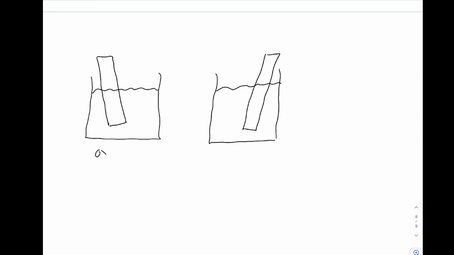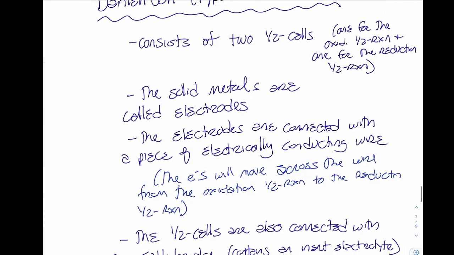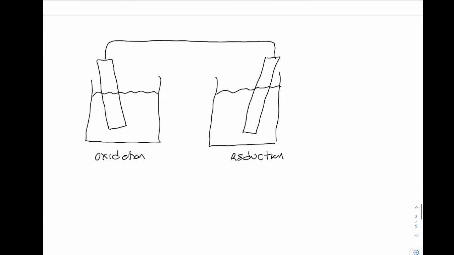I'm going to have my oxidation half reaction on this side and my reduction on the other side. You can have them switched. Just make sure if you're switched, when I show the direction of the electron flow, you have your electrons going the other way. I'm going to connect these electrodes with my wire.